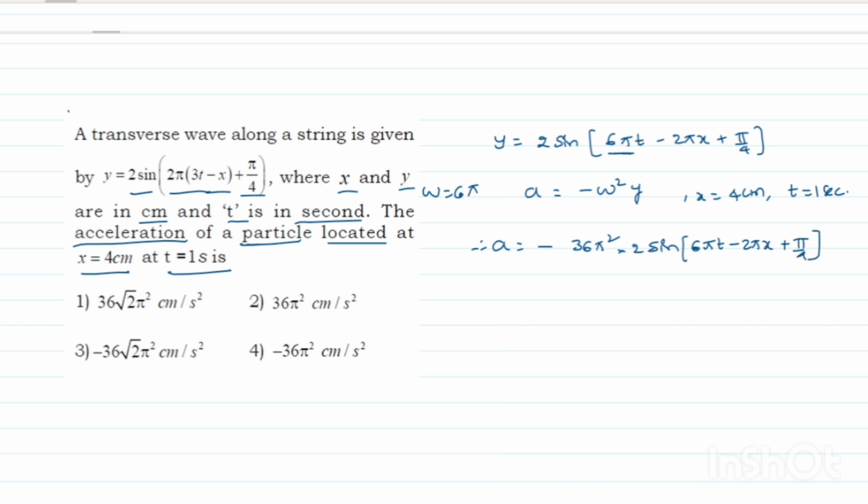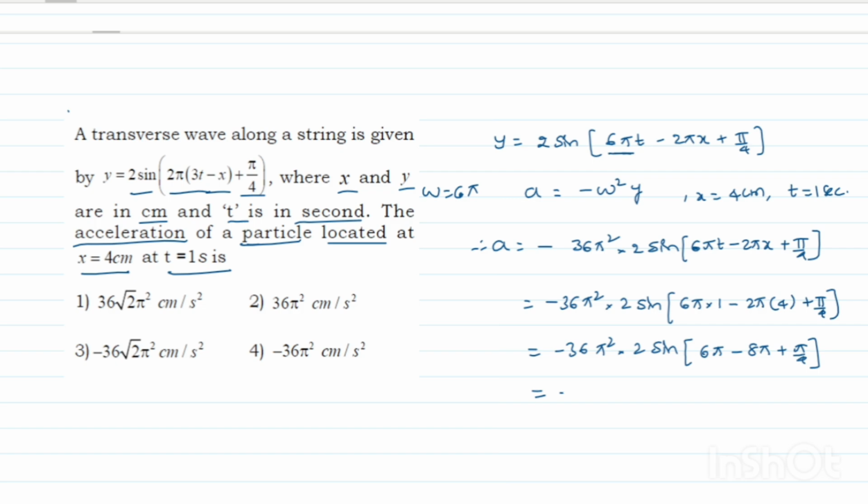So which is nothing but minus 36 pi square into 2 into sine 6 pi into t value 1 second, minus 2 pi into x value 4, plus pi by 4, which is nothing but minus 36 pi square into 2 into sine of 6 pi minus 8 pi plus pi by 4.